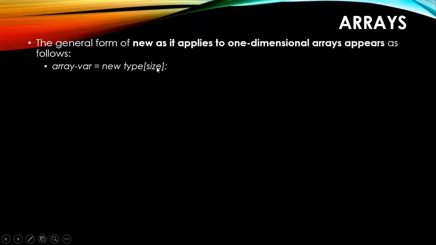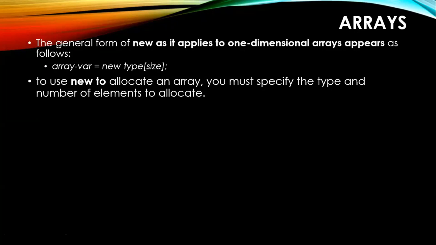I think I have not put an example here, but this expression will be something like month_days is equal to new int, whatever number of elements you want, you specify.